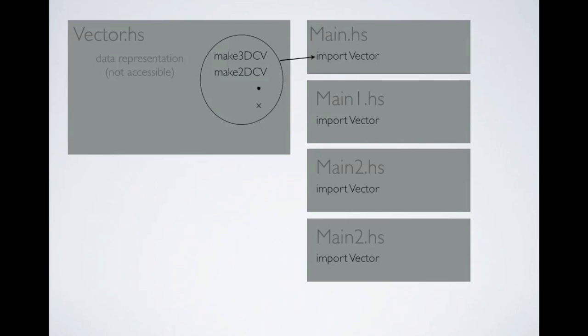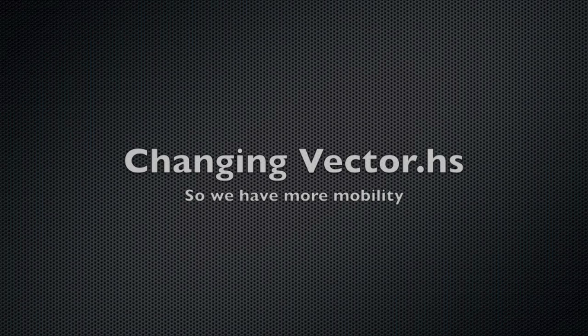All you have to do now, instead of changing all your code that imports vector.hs, is change one function, make 3D CV, for example, that will convert the previous representation into the new representation. So you only have to change one file rather than all the files that you have. That is what we are going to look at next.